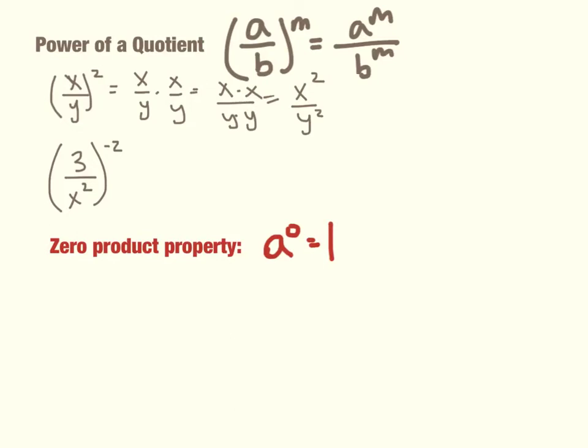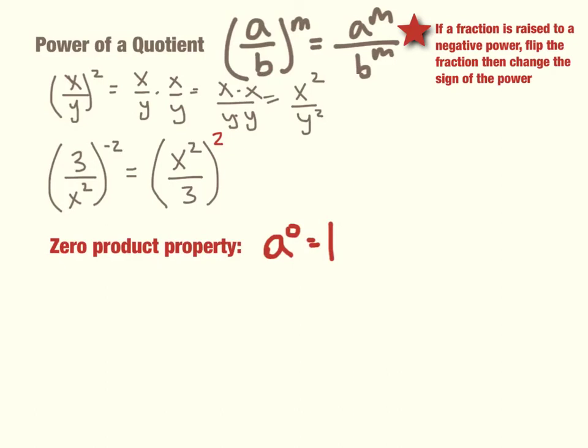If you're in the numerator, you should be in the denominator, and vice versa. So anytime we have a fraction raised to a negative power, we can flip the fraction, and now this is a positive 2. If a fraction is raised to a negative power, you can flip the fraction and then change the sign of the power.